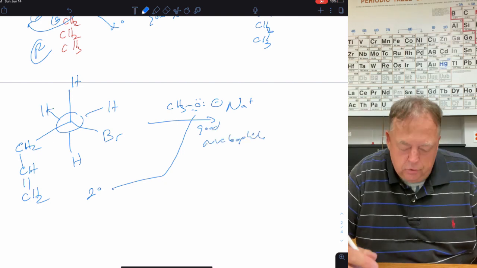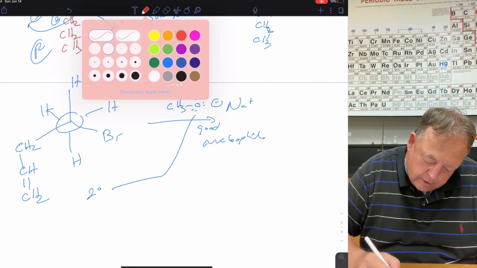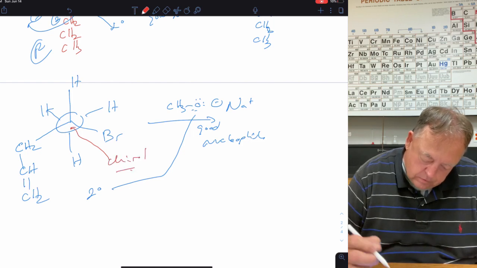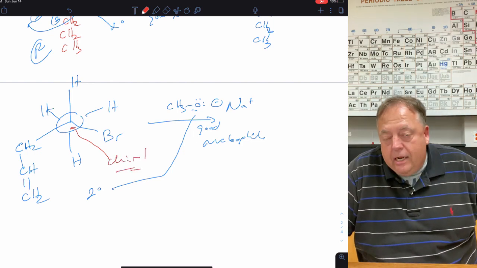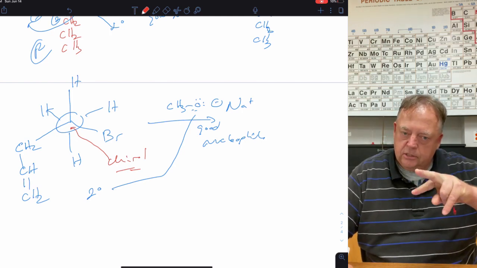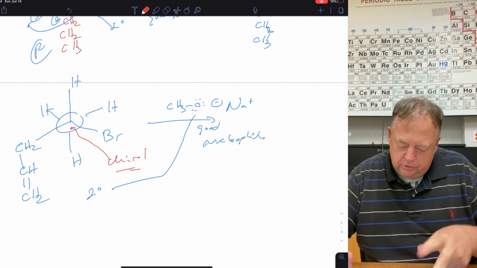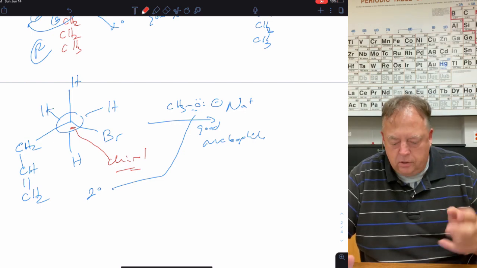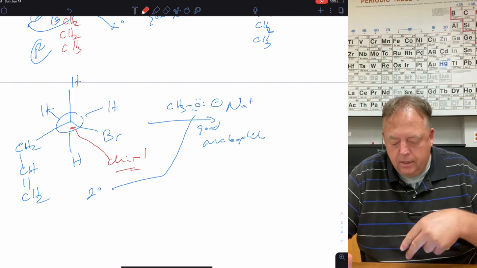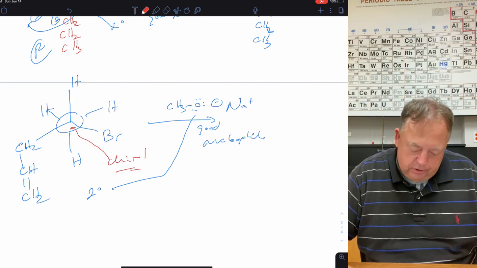has to do an SN2, so it means, and that's a chiral center, right? The carbon with the leaving group attached is chiral. So you know you're going to have to flip the stereochemistry. So if you flip two things, that changes the stereochemistry, right? So if we flip the hydrogen in the bromine's position, that would change the stereochemistry from R to S or S to R. So if we put the nucleophile where the hydrogen is and put the hydrogen where the bromine was, that would flip the stereochemistry.